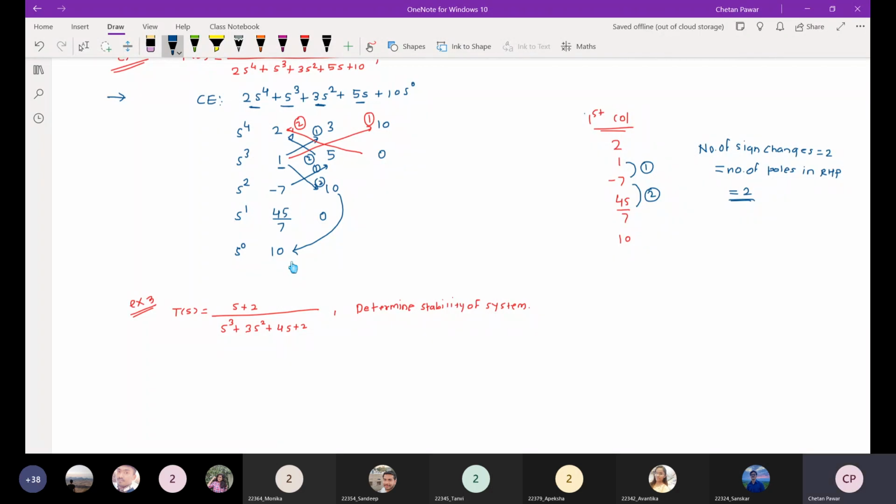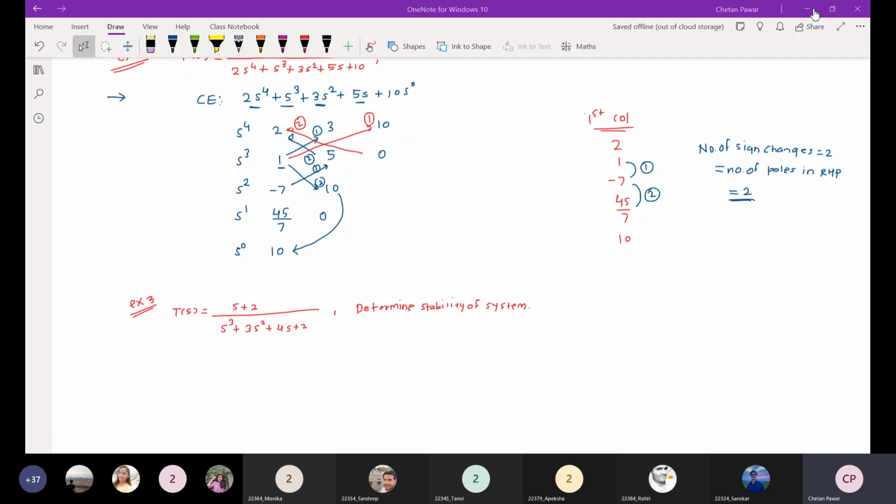Can anyone tell me number of poles present in the LHP? Anyone? 4.